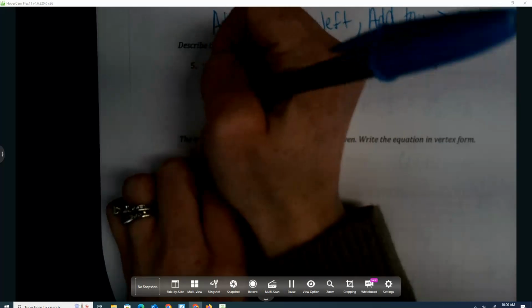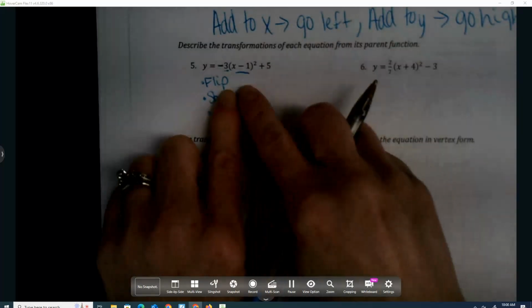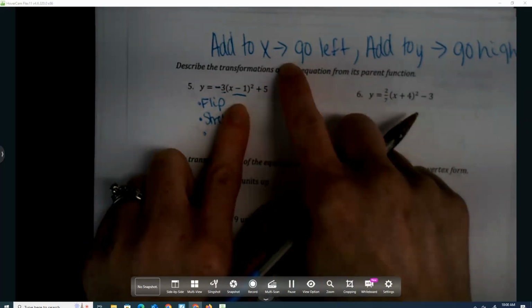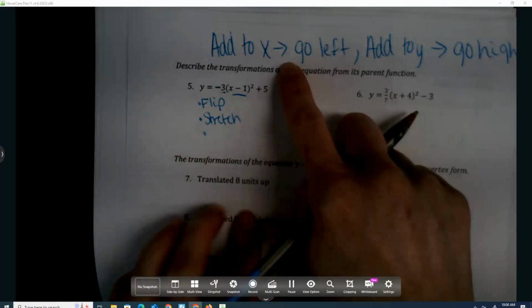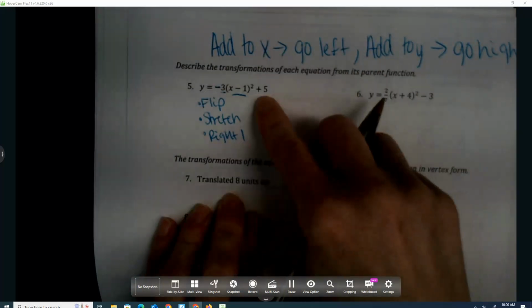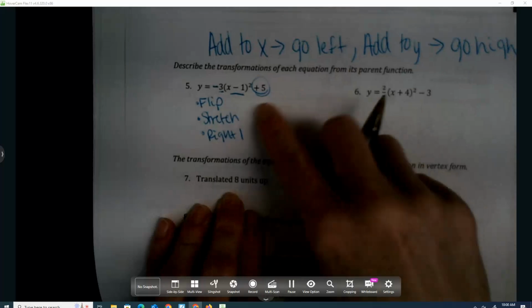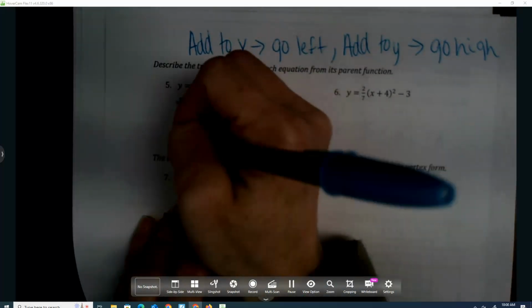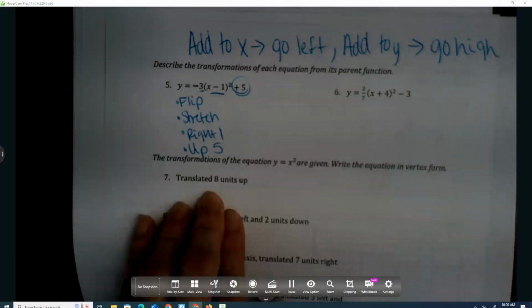Good. Okay, the -1. If it's with x, it moves left or right. If you add to x, it goes to the left, so subtracting from x would move it right 1. And the final thing, +5. If you add to the y, it goes higher, so that +5 would move it up 5.